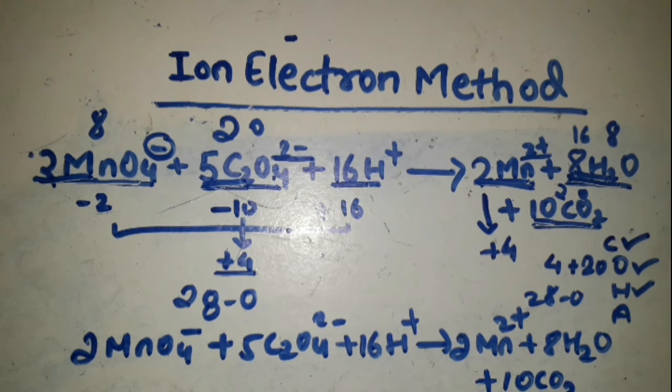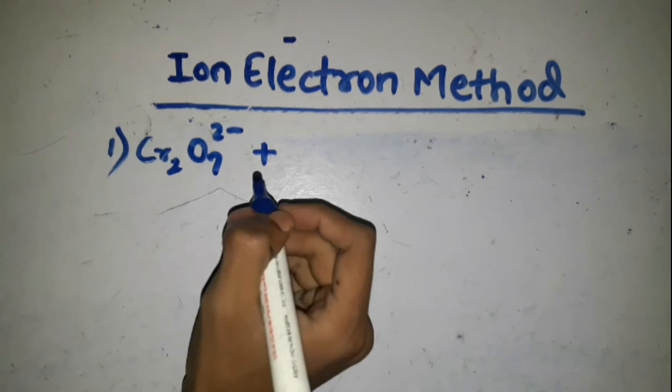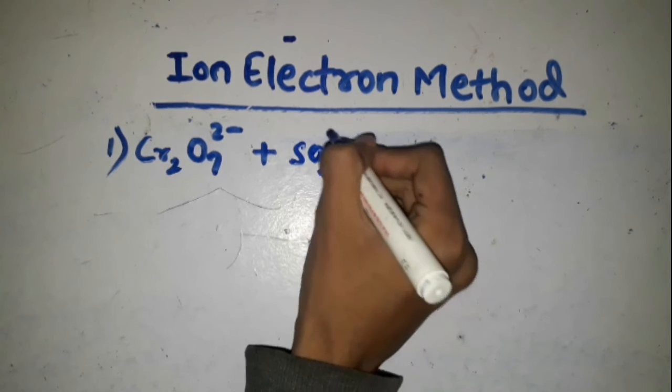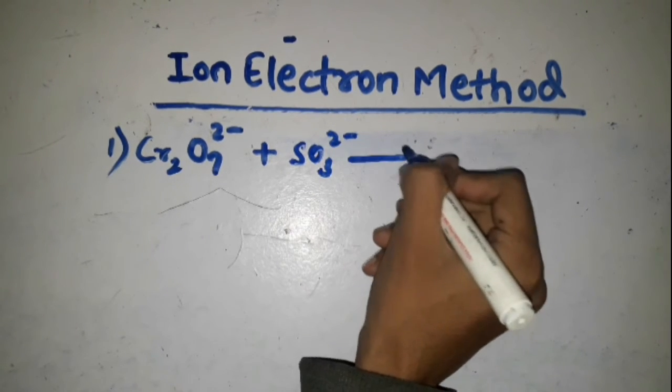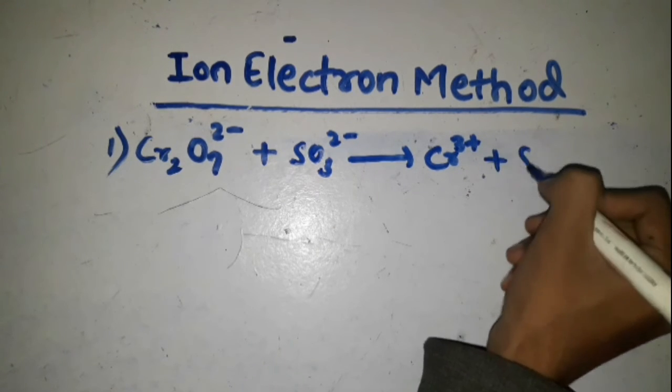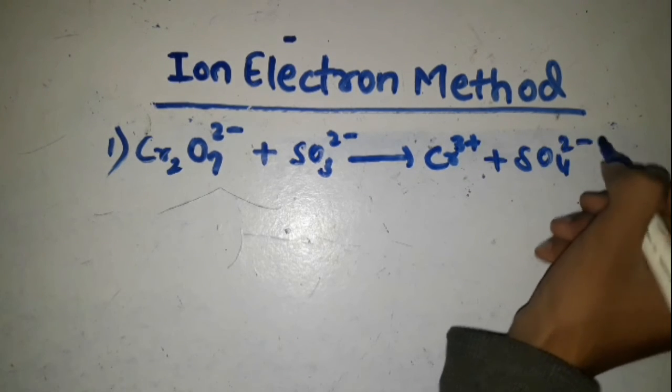We will take some more examples, but due to lack of time we are unable to solve them. So I will write them and you can try them at home, and I will also write the answer along with them. Our first equation is Cr2O7 2 minus plus SO3 2 minus, which gives Cr3 plus and SO4 2 minus.